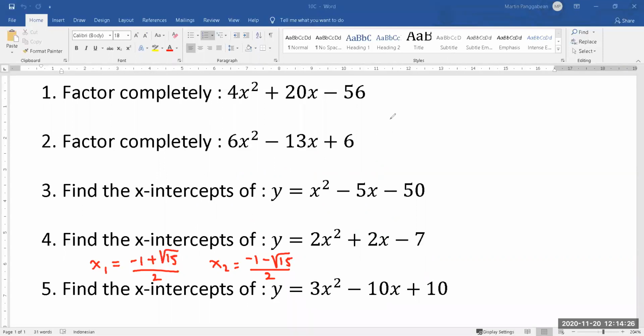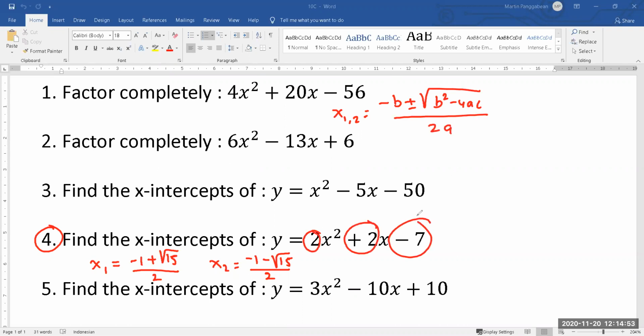Of course, number 4, you cannot use factoring. It cannot be factored. That's why we use the quadratic formula, and this is answering Cliff's question. The quadratic formula is negative b plus minus square root of b squared minus 4ac over 2a, right? We know that a equals 2, b equals 2, and c equals -7.